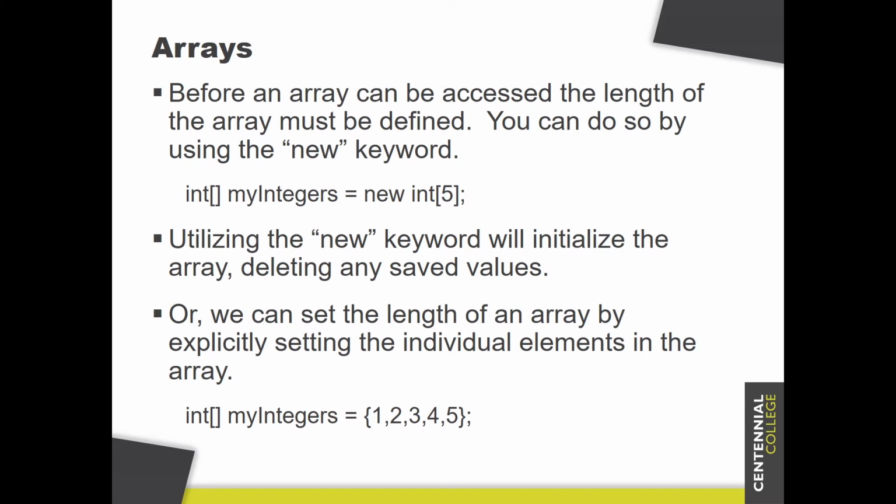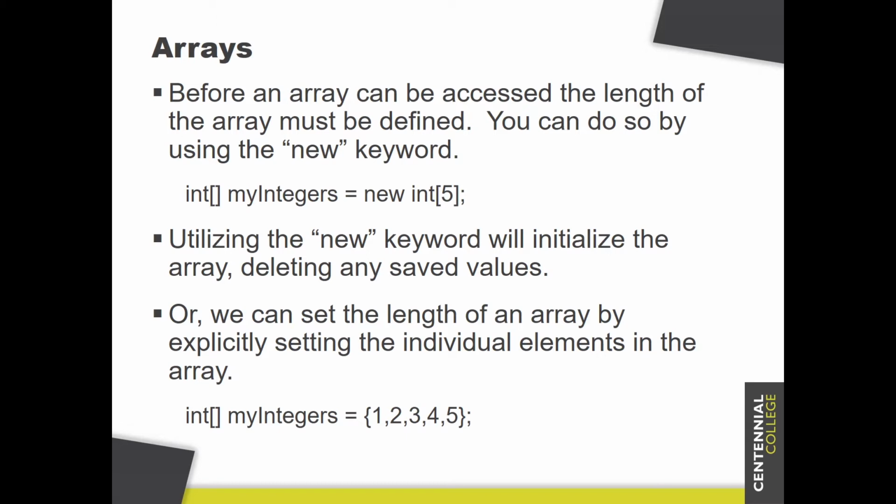So if we again say int square brackets myIntegers equals new int, open square bracket, value, close square bracket, semicolon, it's going to declare an array of type integer, and it's going to set aside space for 5 new integer values in memory. So we've allocated the space, but we haven't actually put anything into the variable yet at all.